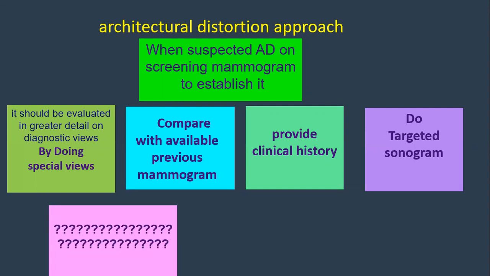Why are you doing all these measurements? Why all these precautions before saying this is an architectural distortion? Because we said architectural distortion is very suspicious, and we are going to categorize it as at least BI-RADS 4. Any other suggestion? We have to take a biopsy.